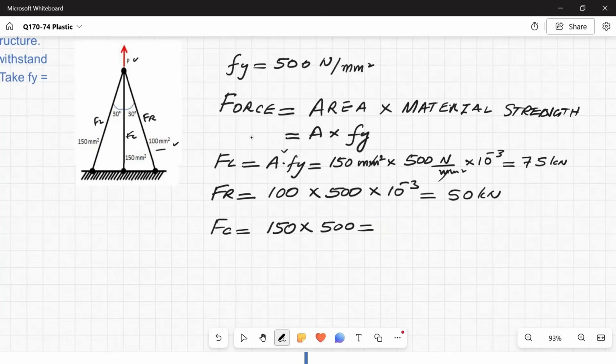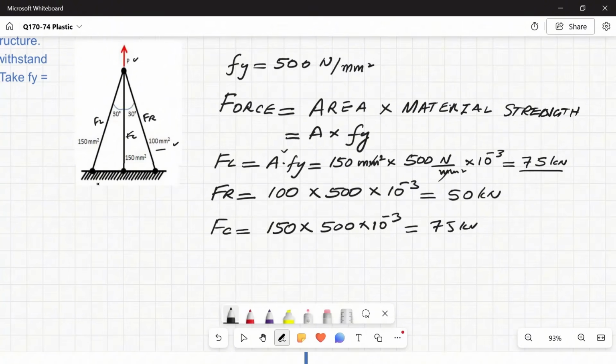It is the same as Fl, and I have to multiply it by 10 raised to minus 3 as well, and this will give me 75 kilonewton. Now we have the force in each leg of this tripod. So the left one has 75, the right one has 50 kilonewton, and the central one has 75 kilonewton.